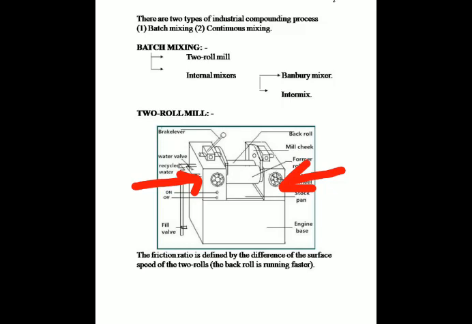And the mill is equipped with side guides, and these are the side guides, which prevent the rubber or polymer material from flowing from the nip to the bearing.